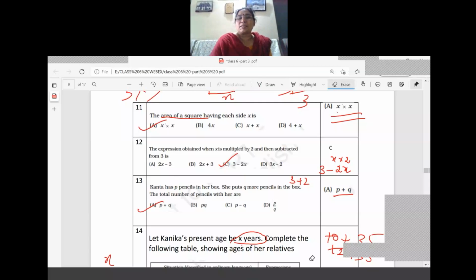If the numbers 3 and 2 I had shown, now you are having 4 and I'm adding 3 there. So what will you do? 4 plus 3, naturally. But here, instead of 4 it is P, and instead of 3 it is Q. So how will the equation be? P plus Q. So which option is correct? A is correct. So I think now you are getting the idea how to use algebra and all.